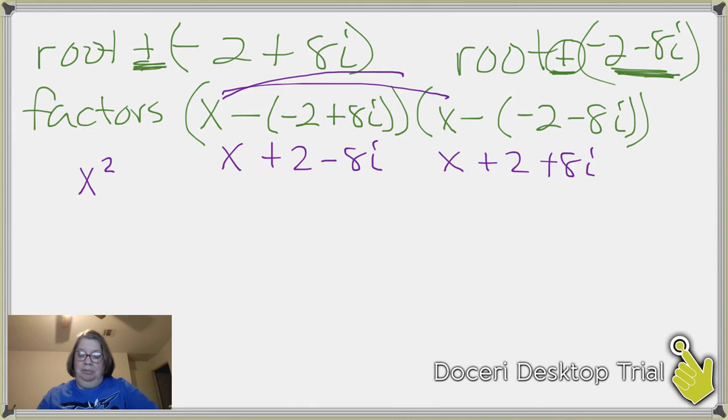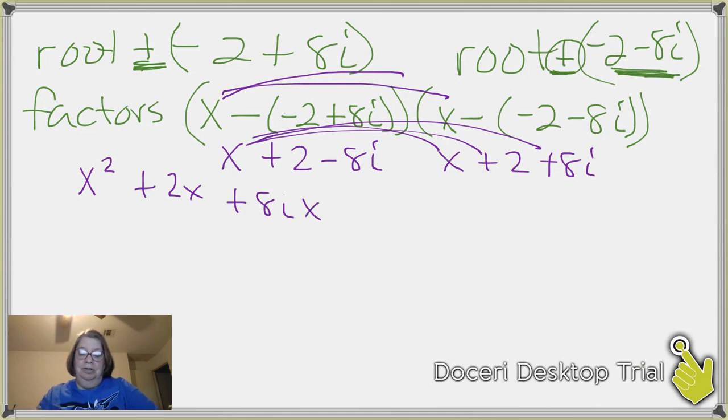See if that works a little better. I multiplied those things. Okay, so then we have x squared plus 2x plus 8ix.